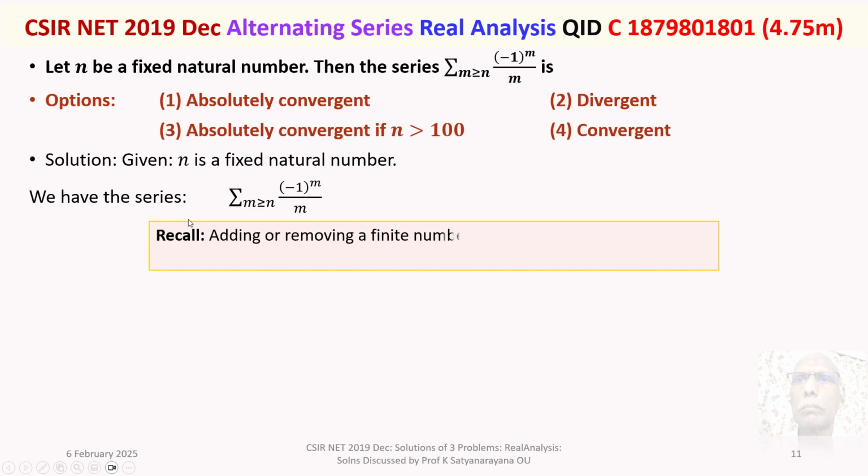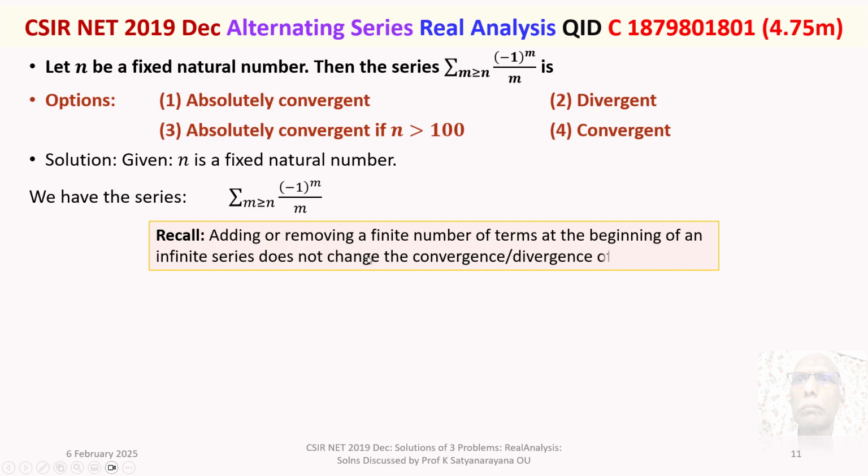Now, you recall a result: adding or removing a finite number of terms at the beginning of an infinite series does not change the convergence or divergence of the series. That means the convergence or divergence of the series is not altered by adding or removing a finite number of terms at the beginning of the infinite series.